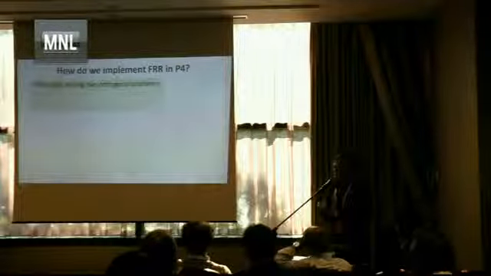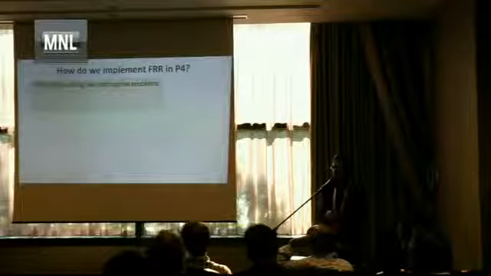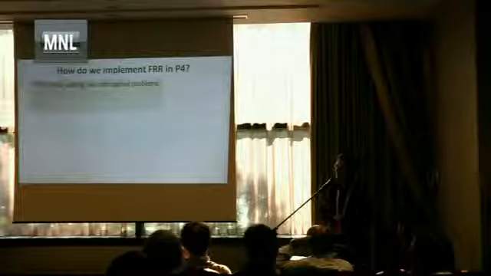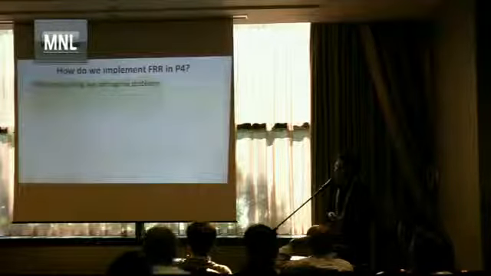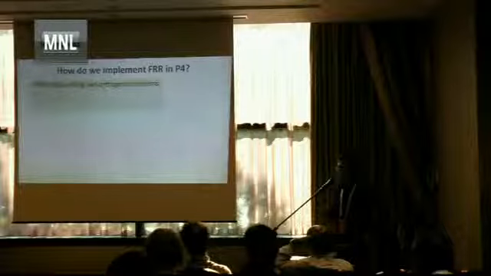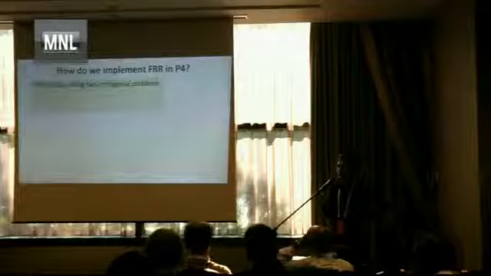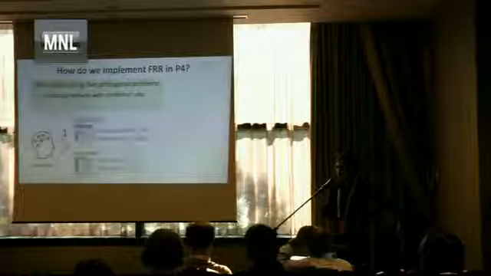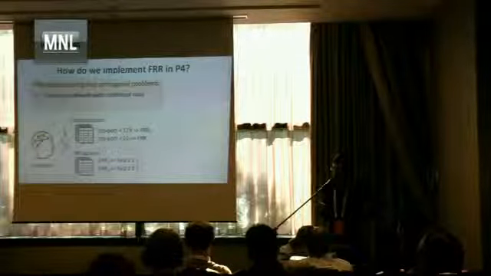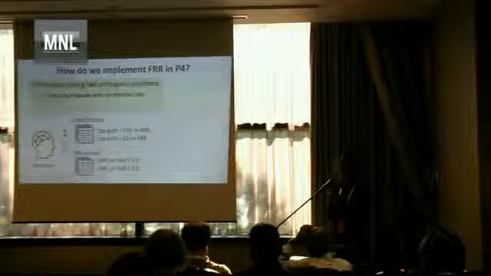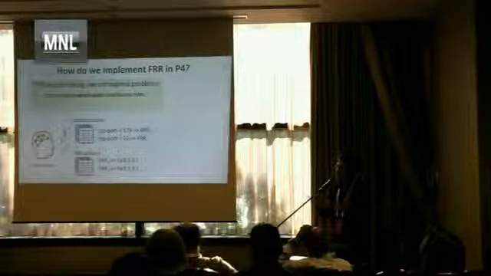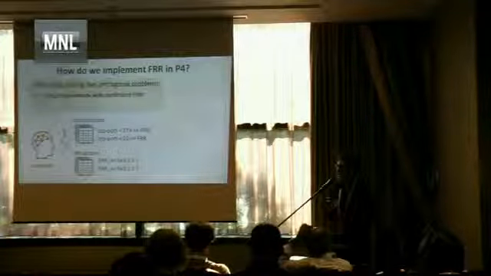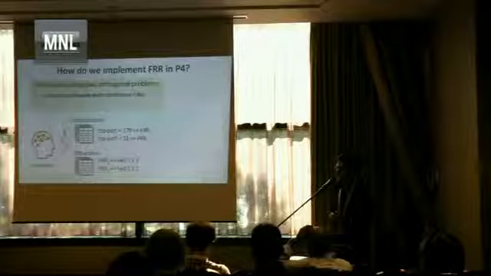So the natural question that we tried to answer in this talk was, how do we actually support high availability in programmable networks, and in particular in the P4 programming language? There are two aspects that we have to consider when we look into fast reroute in P4. The first aspect relates to the computation of the backup rules. In a network, typically a controller or a network operator will compute these backup rules that map flows to sequences of ports.